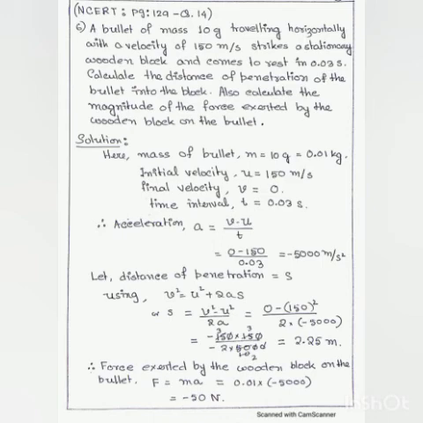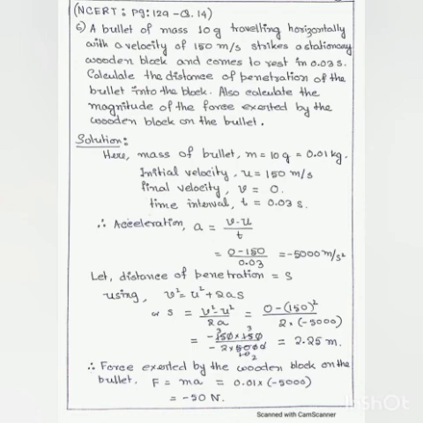And let the distance of penetration be s. Now what is distance of penetration? The distance traveled by the bullet while it penetrates through the wooden block before coming to rest. So here we will use the third equation of motion, that is v square equals u square plus 2as.